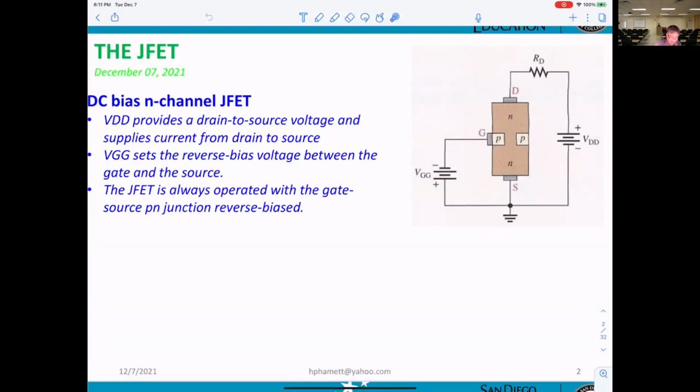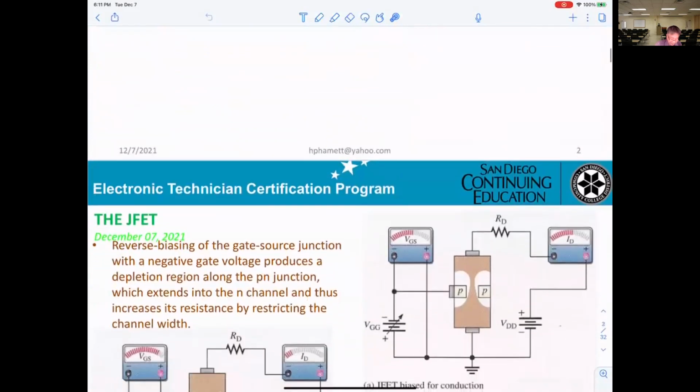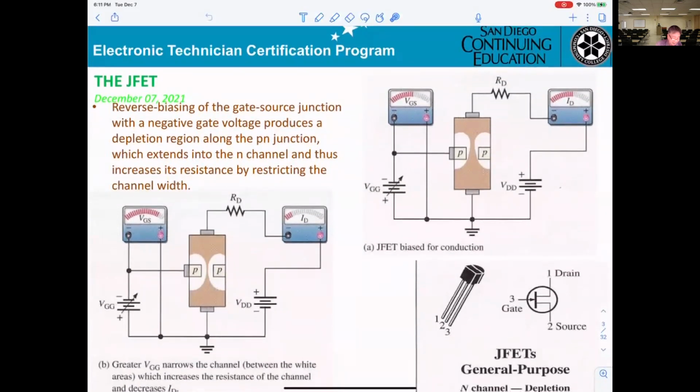That's what you need to read over. Now, try to see what's going on when you're looking at this circuit here. They connect the meter to the gate to measure the voltage, and they connect the meter to the drain to measure the current.